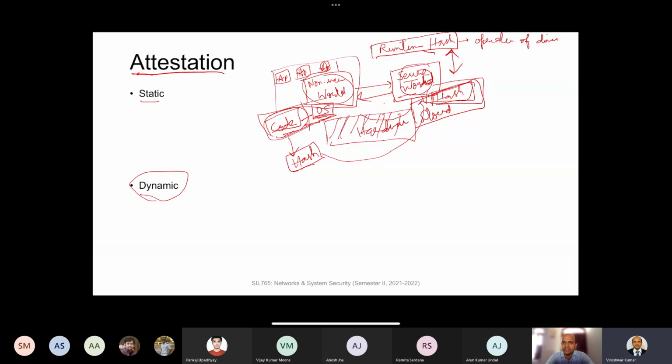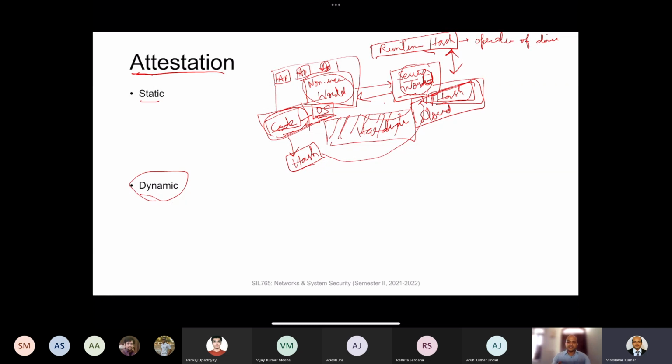Yes, so different OSs could be there on a system. So in this way of static attestation, I guess the solution could potentially be that you have multiple hash values stored in the secure world for these different OSs.